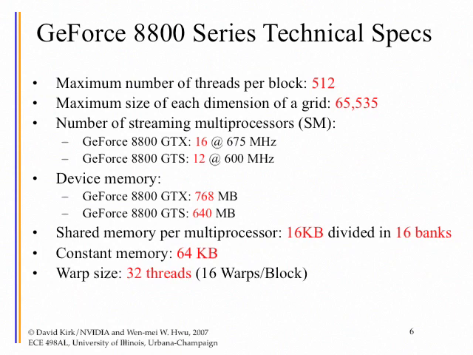So each one will have 16 kilobytes of shared memory that all the 8 little guys can access in parallel, okay? But that's it. Only those 8 streaming processors can access the shared memory. And the shared memory is actually divided into 16 banks.